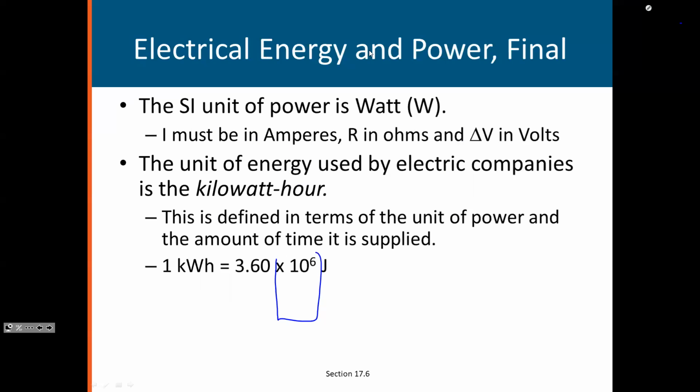If the electric company wants to charge you for 1 joule, they will even give it free. It will be a very small cost. That's why we need a big practical unit for measuring energy, and that practical unit is called kilowatt hour.